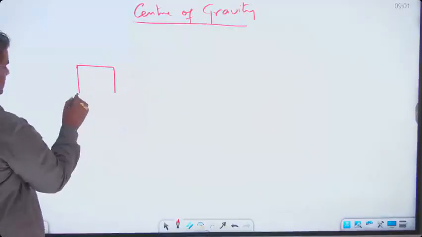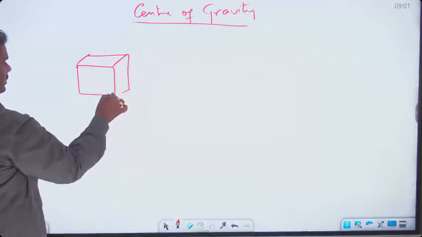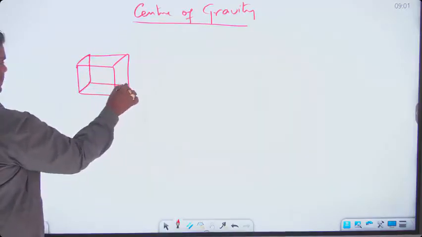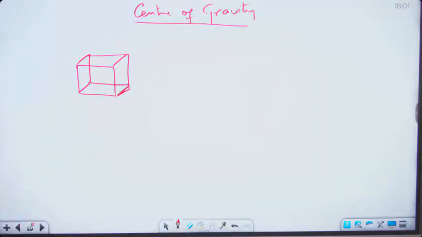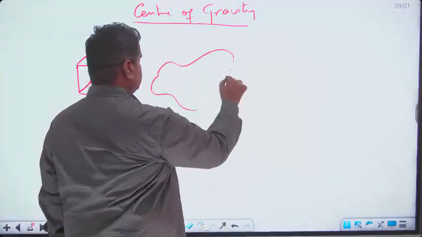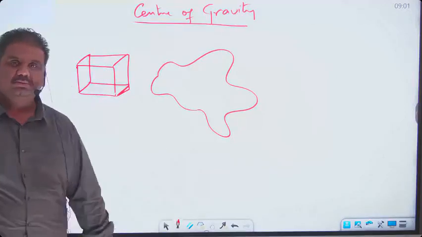Now, this is one particular object which is having a perfect cubical shape. At the same time, you have got one more object which is having a structure like this. Can we define this?